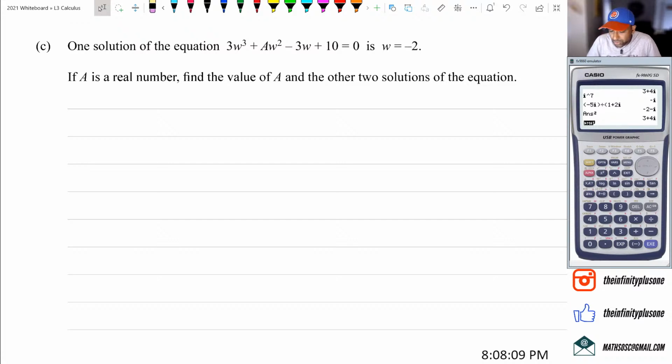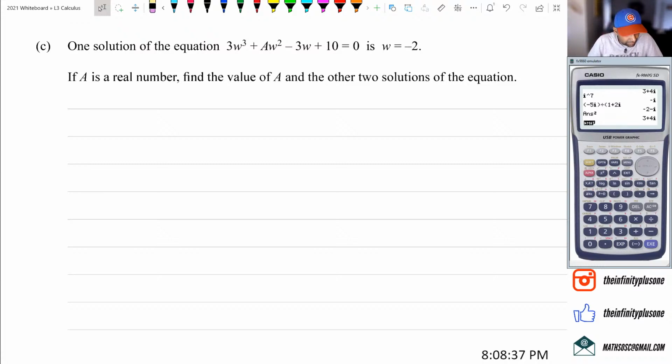Now the other two solutions are complex numbers. Yeah, but you've got to show the working for this one, Jonathan. That's the problem. Yeah, I know what you're talking about.